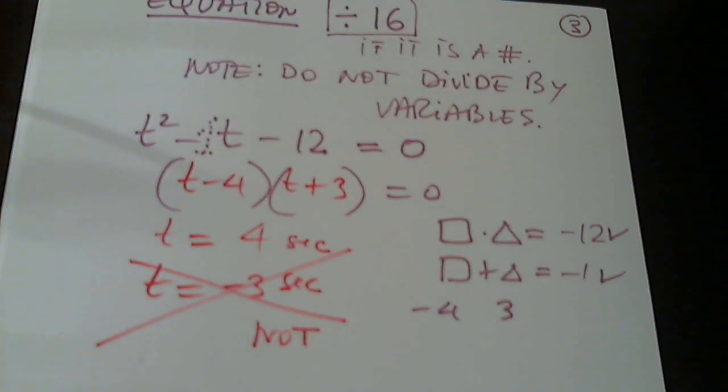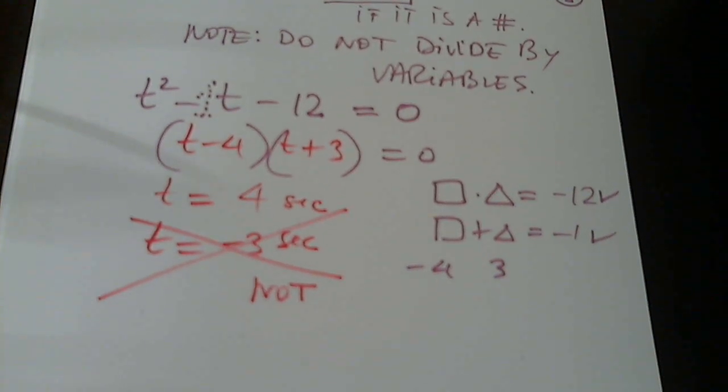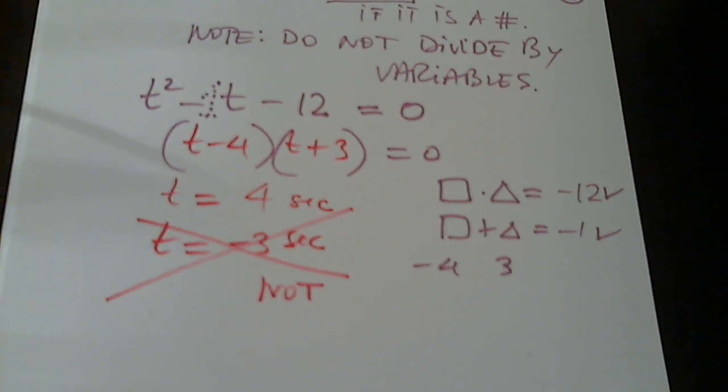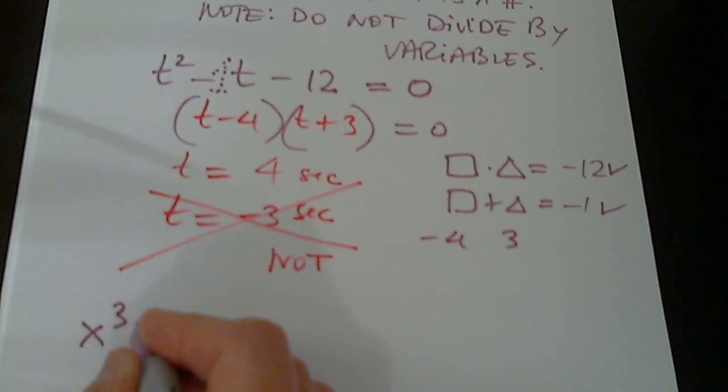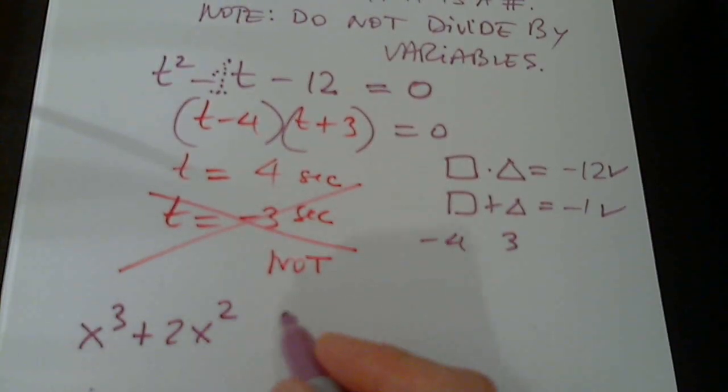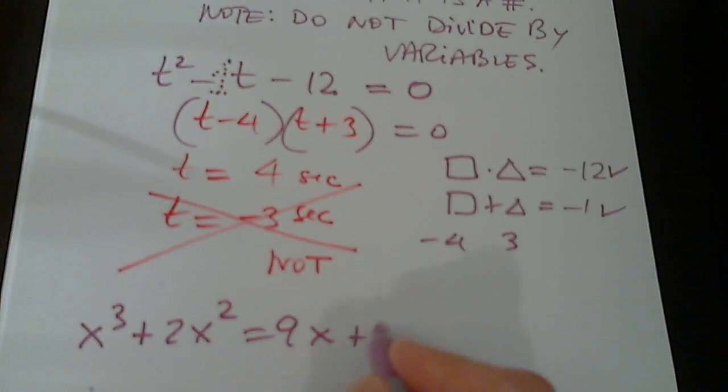Let's also work on this. Or you have another one for me, or is this okay? That one's okay. Okay, so we have x cubed, plus 2x squared, equals 9x plus 18. What do we do first?